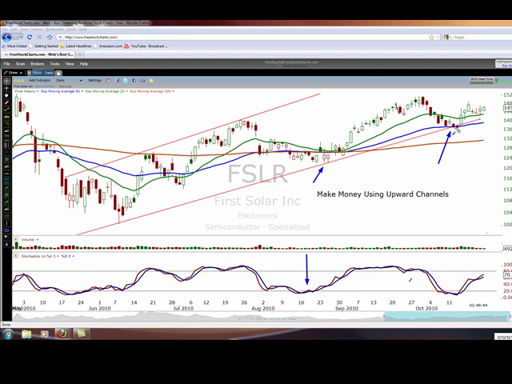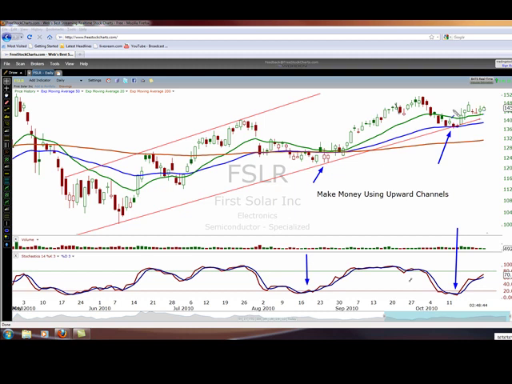Whenever you see a stock that crosses the 50-day moving average and a trend line with a stochastic that dips below the 20 point, which shows you that the stock is oversold, you certainly want to pay attention when it's sitting on the trend line and on the exponential moving average line. So we took the trade here, and the stock just went up. In fact, we're still in this trade right now.